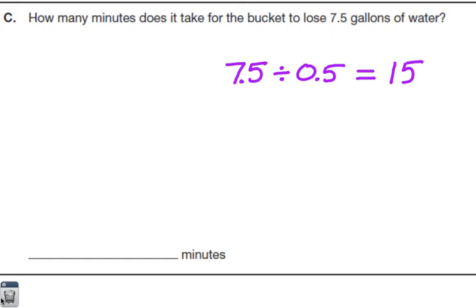That's essentially going to be division. 7.5 divided by 0.5, it's going to take 15 minutes to lose that many gallons of water at that rate. Okay?